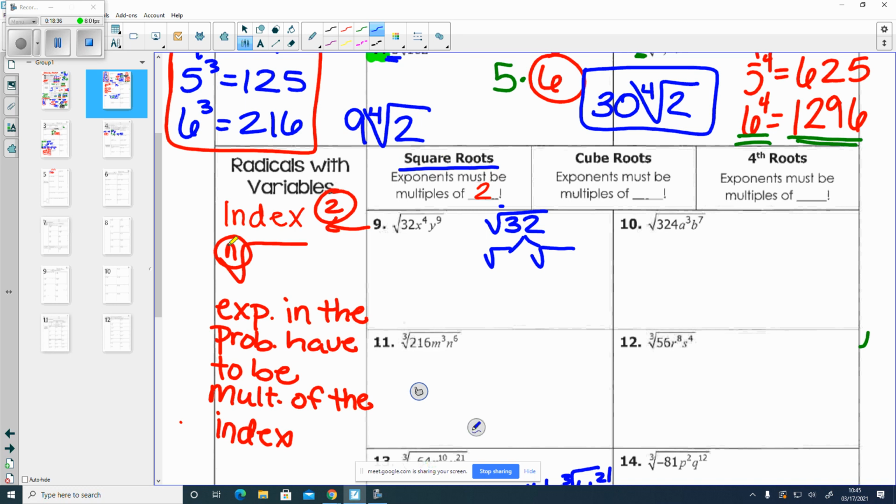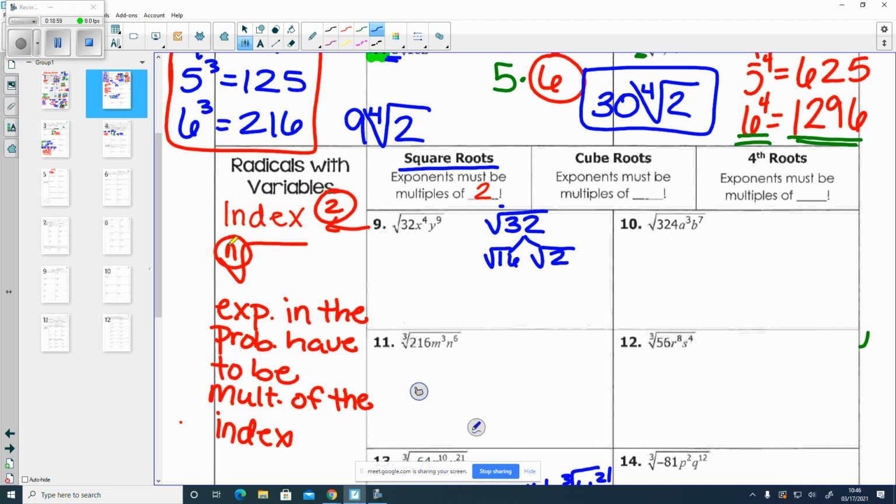So what times what gives me 32, but one of them is in those perfect square roots? 8 and 4? Yeah, I think there's, isn't it 2 and 16 also though? 2 and 16 is higher, so I'd rather use 16 and 2. Okay?